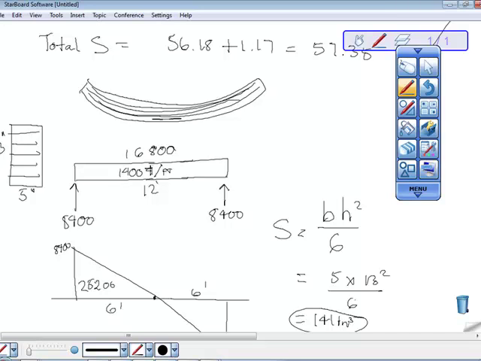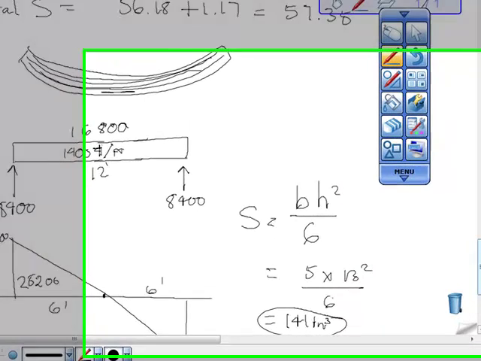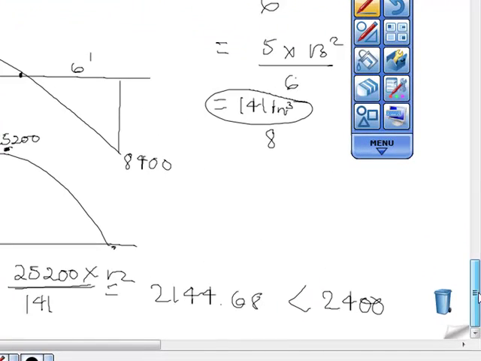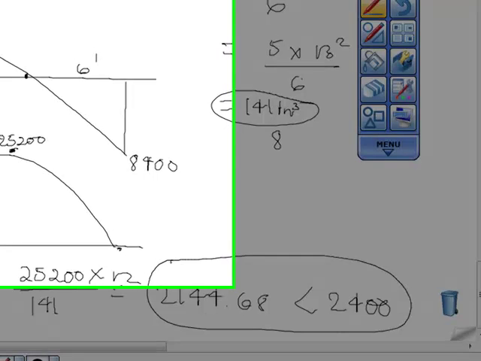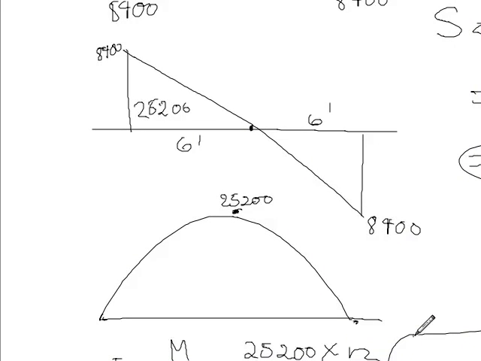I can't wait till I have a new book. But technically, once you figure all that out, you would compare that F to whatever it is you're sizing, and if it's less, and here it was less, that's how you would check.